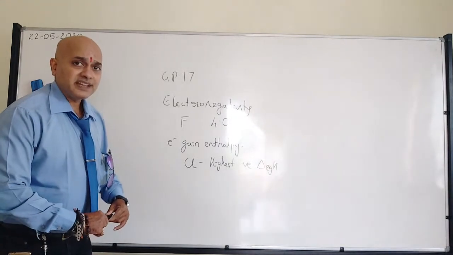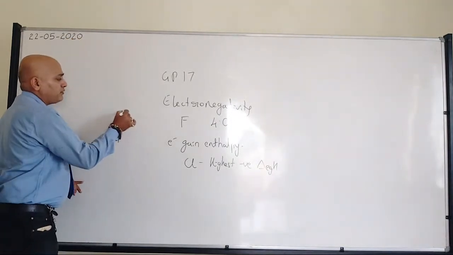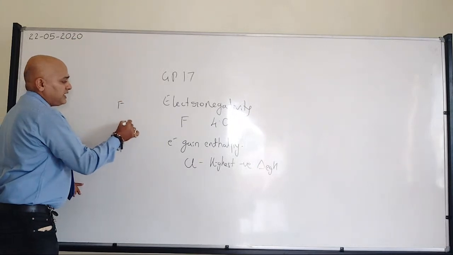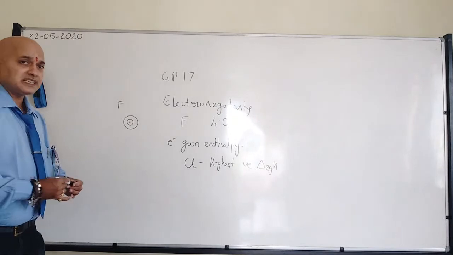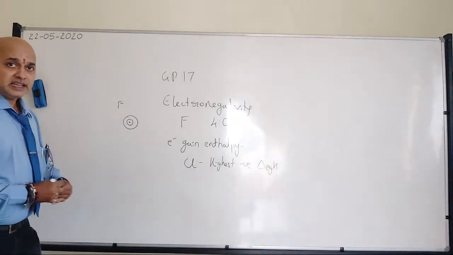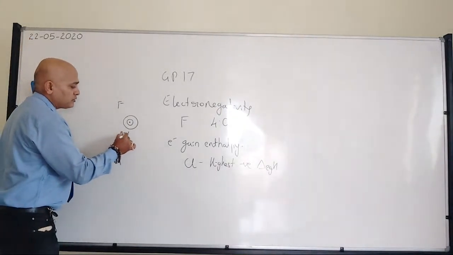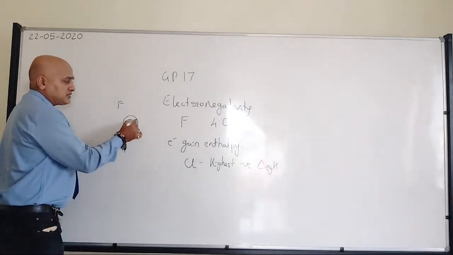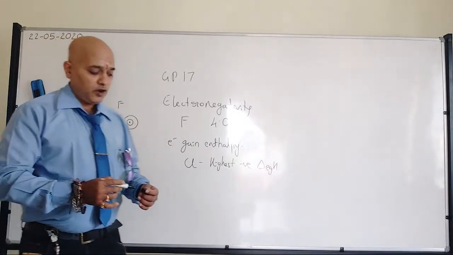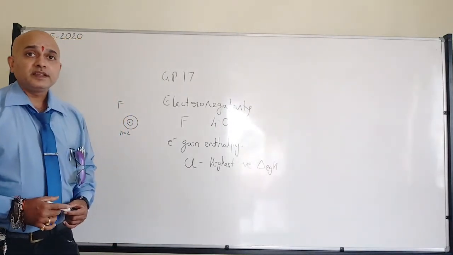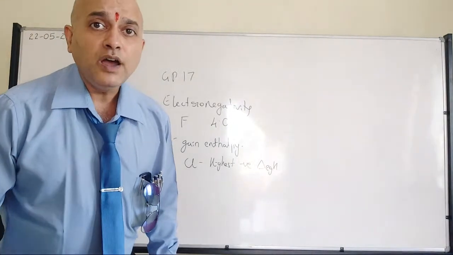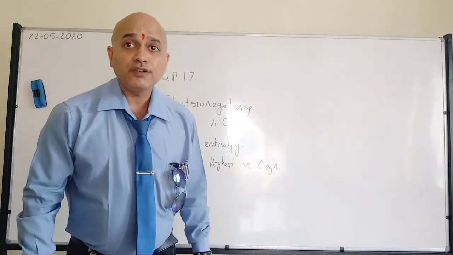The reason is very simple. When I am talking about fluorine, we have the nucleus and the outermost energy level is 2. In case of fluorine, the outermost energy level is 2. Now in the outermost energy level, how many electrons are there in fluorine?